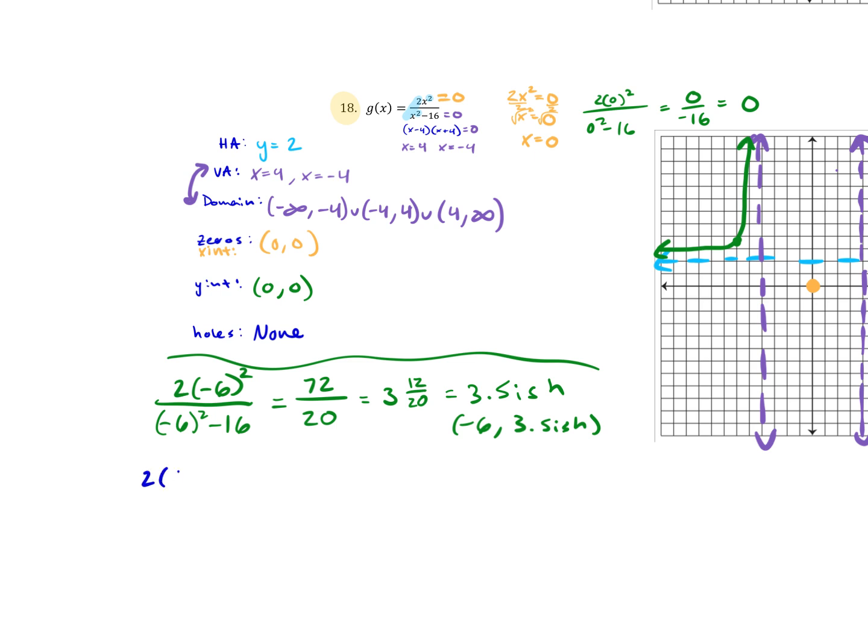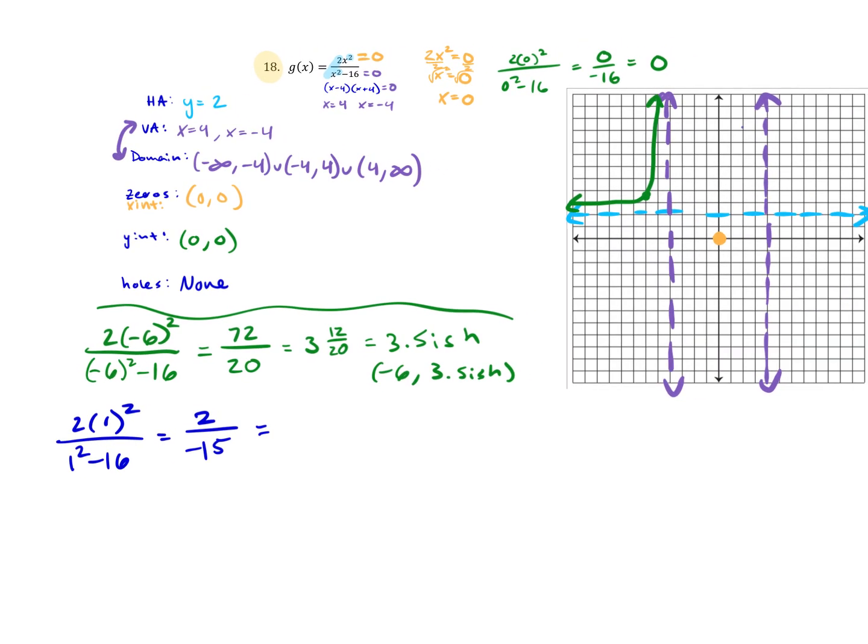We've got 2 times 1 squared over 1 squared minus 16. So this would be 2 over 1 minus 16, so negative 15. It's negative and it's less than 1, right? So it's going to be in between 0 and negative 1.